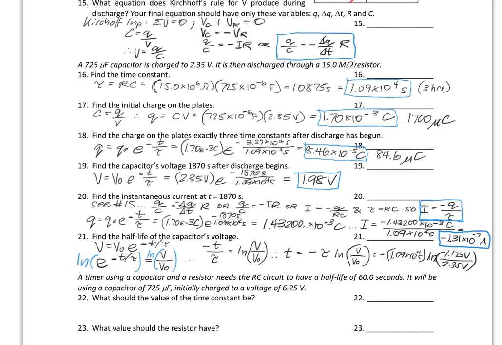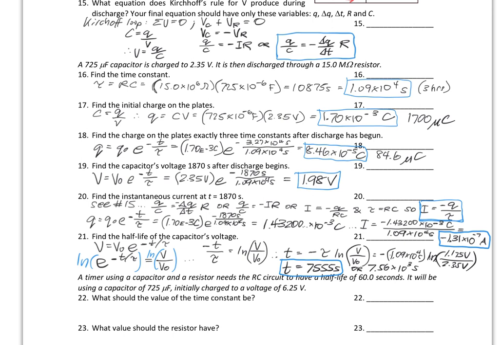So I took that natural log, I get negative t over tau equals natural log of V over V naught. And so I multiply both sides by tau and negate both sides to get t by itself. So the time, the half-life, is negative tau natural log of V over V naught. So I plug my numbers in, and there's my half-life, 7.555 seconds, or let me write it in scientific notation, 7.56 times 10 to the 3 seconds.